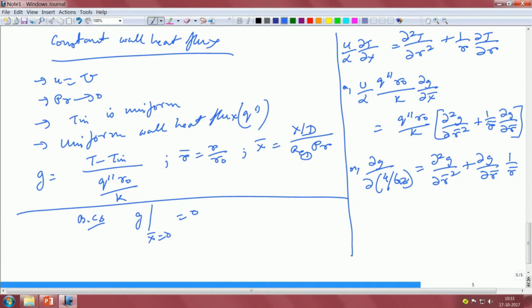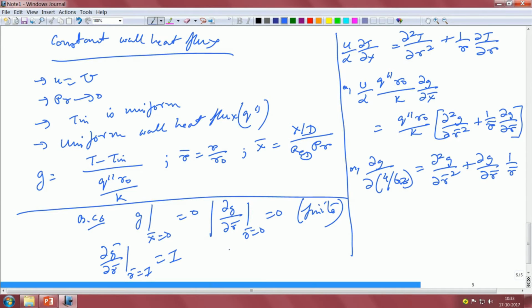In that particular case, dG by dR bar at R bar equal to 0 is 0 because of the finiteness of the whole thing, and dG by dR bar at R bar equal to 1 is equal to 1 now. That is because you have a constant wall heat flux now.